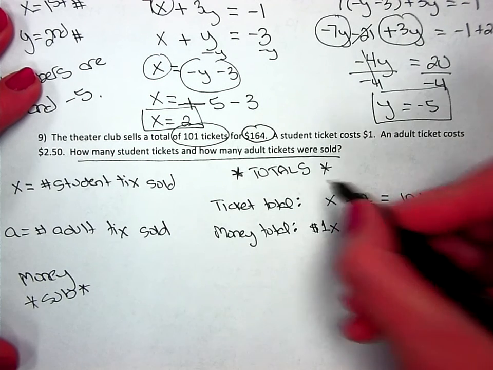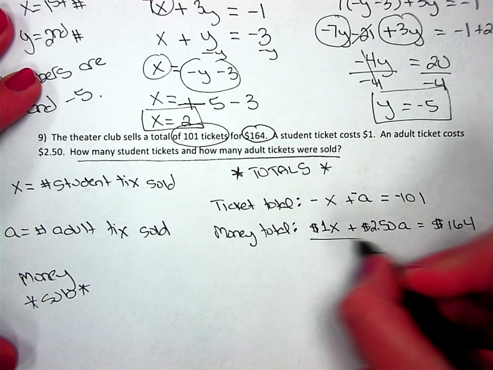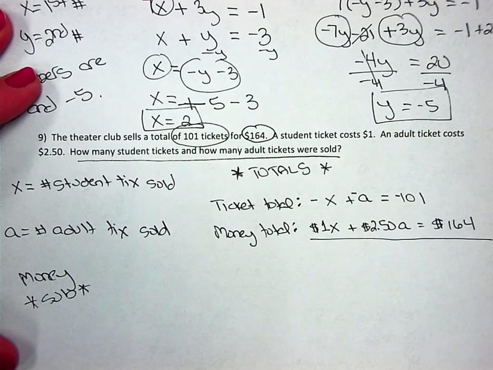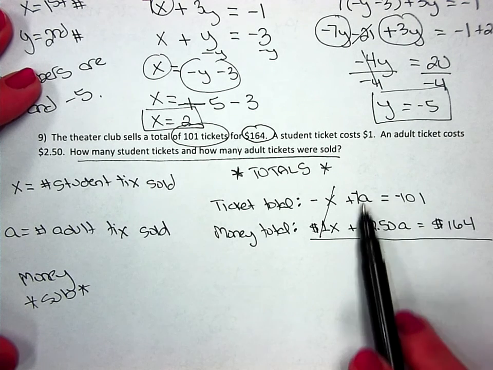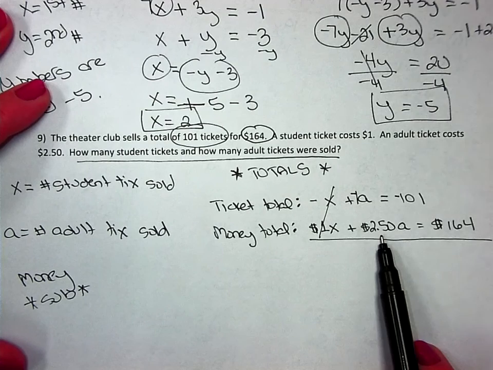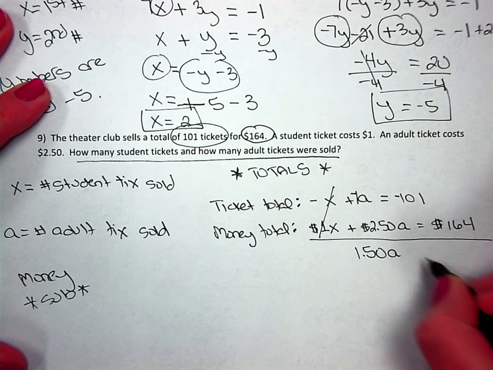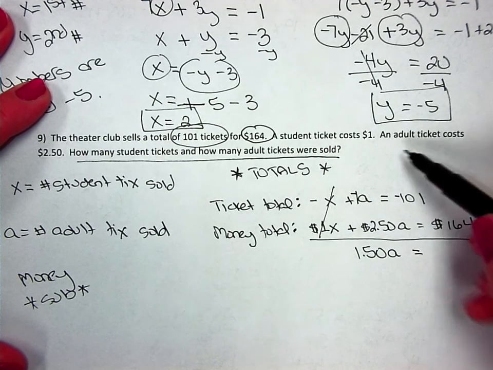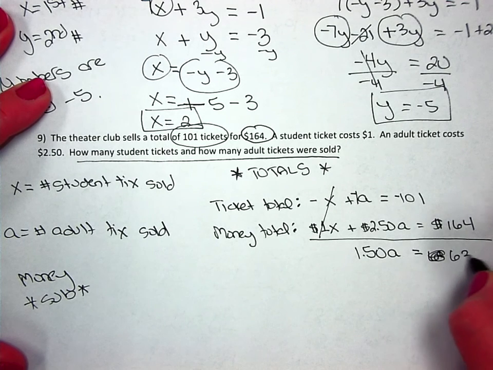So I'm going to multiply the top equation all by -1. So that means I'm just going to change all the signs to negative. So now I have opposites, so I'm going to add down. So when you add down, that's 0. I have -1 plus 2.50, so that adds up to 1.5a. -101 plus 164 adds up to 63.